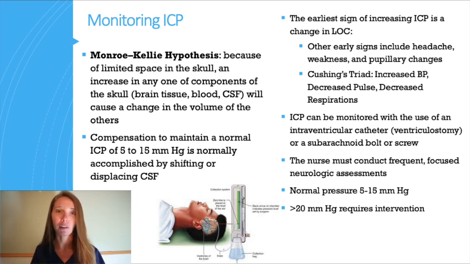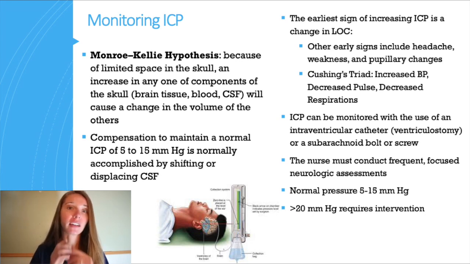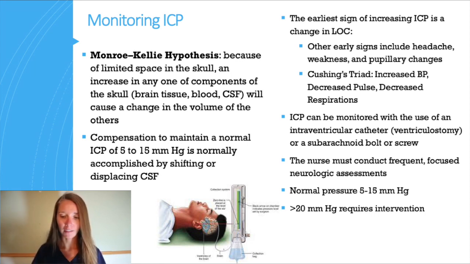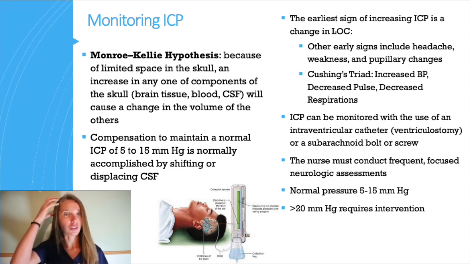Some part of that brain is going to have to herniate, is going to have to shift into a different area, particularly down into the neck, which is extremely dangerous. So what we will do is either take this patient to surgery and take part of the skull off and decompress that area.